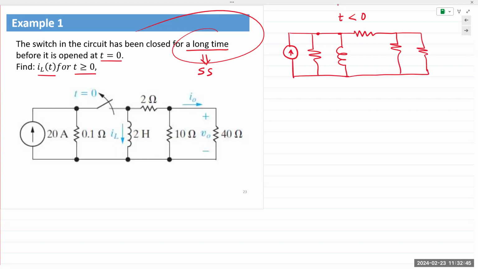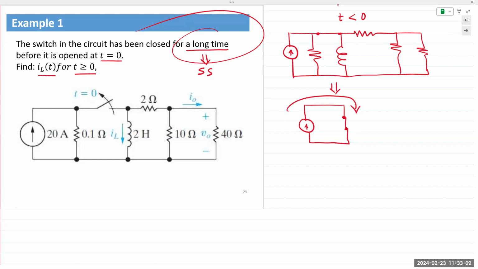And because it was connected to the inductor for a very long time, the inductor is behaving like a short circuit. And if it's behaving like a short circuit, my circuit reduces to simply this. That's it. It reduces to this. It's a short circuit, right?